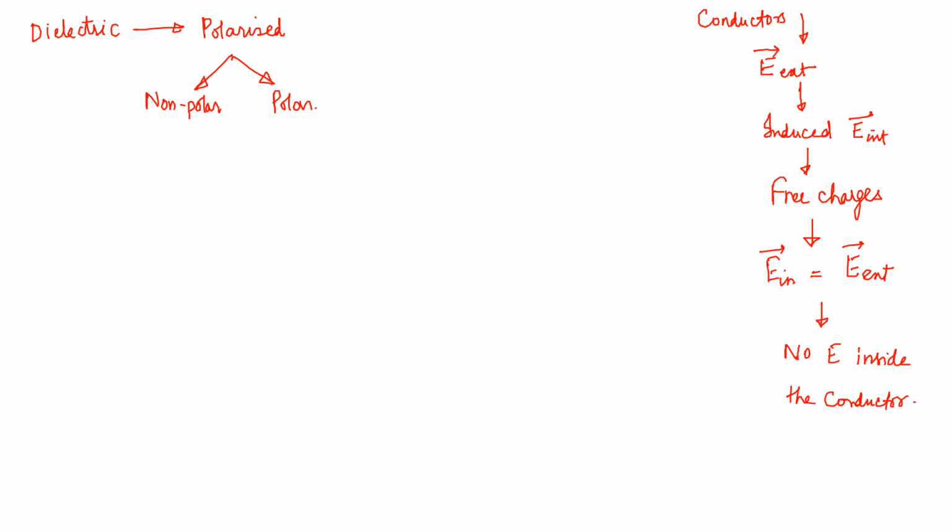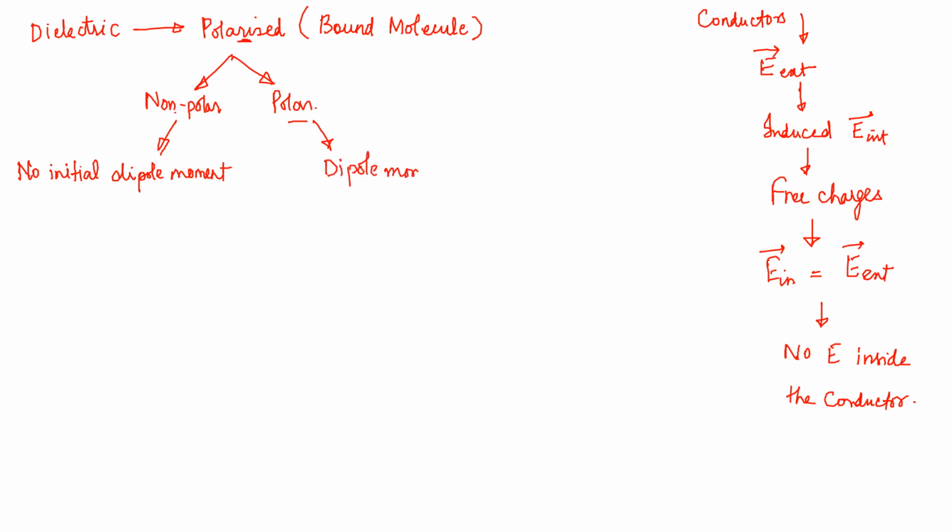Now a dielectric gets polarized. While polarizing, we found non-polar and polar, and this polarization is happening to bound molecules, not to the unbound. In non-polar, we find no initial dipole moment, but in polar a dipole moment already exists.